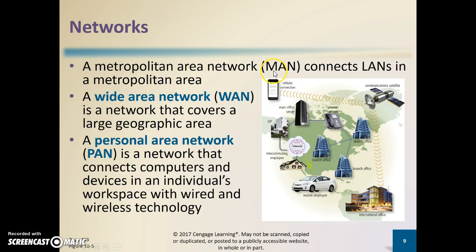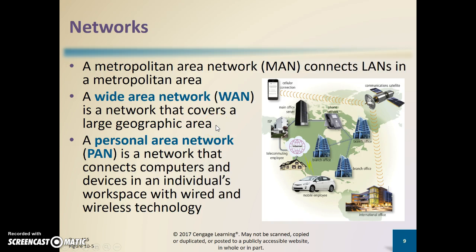Then another type of network is the MAN, or Metropolitan Area Network, and it connects local area networks in a metropolitan area, so it's much bigger. Then you have a larger network called a wide area network, and it covers a much larger geographic area.